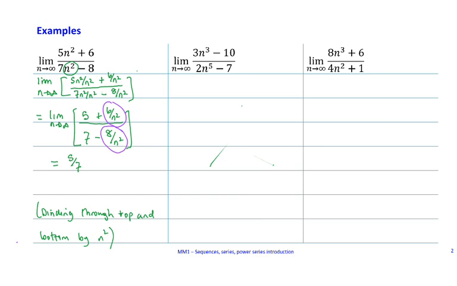So we have this one here. We have the limit as n goes to infinity. Now we have an n to the 5 here, so that's our largest order on the bottom. So we've got 3n cubed over n to the 5 minus 10 over n to the 5, over 2n to the 5 over n to the 5 minus 7 over n to the 5. Oh, I've just written down the wrong one.